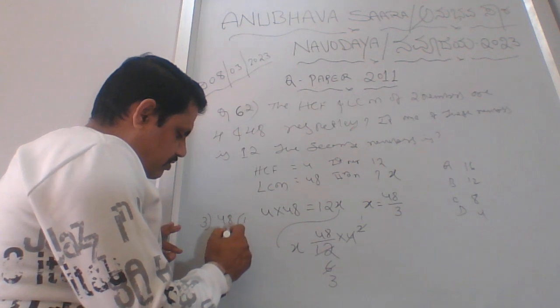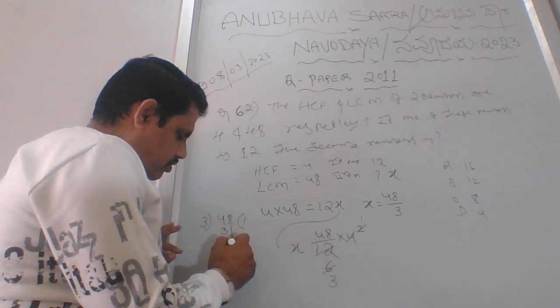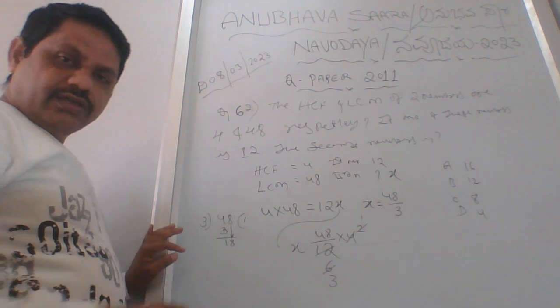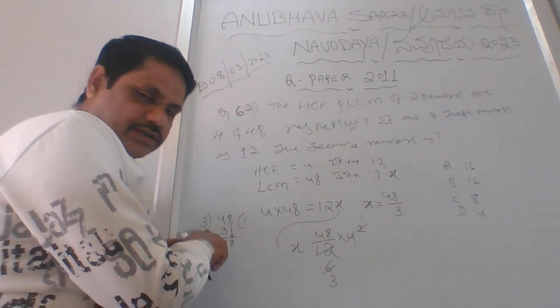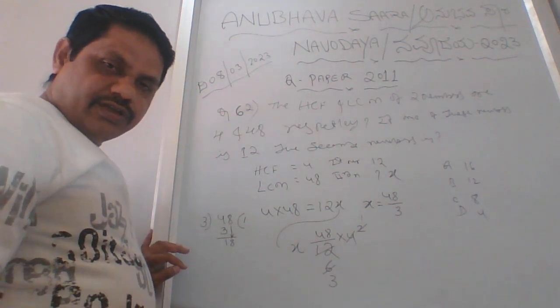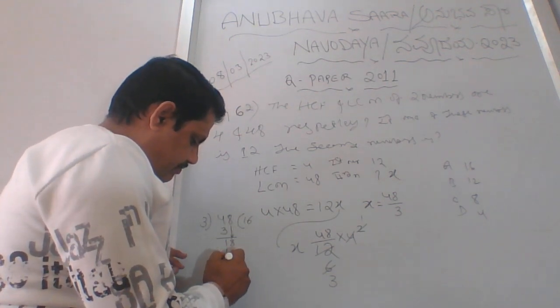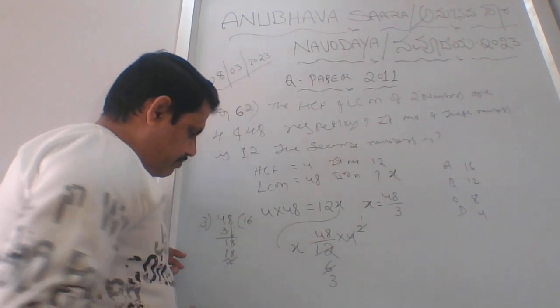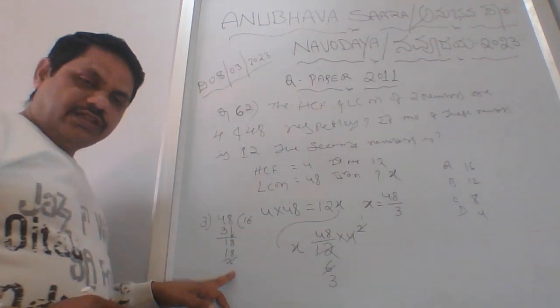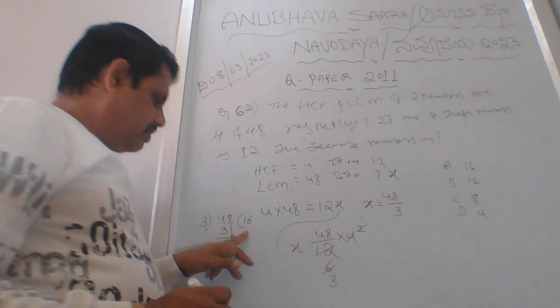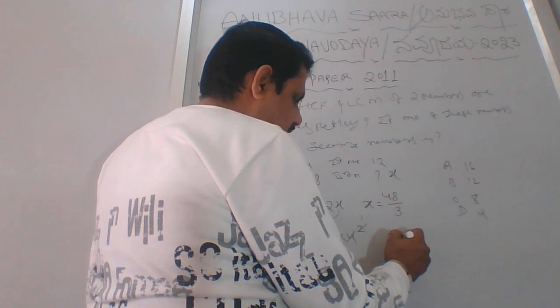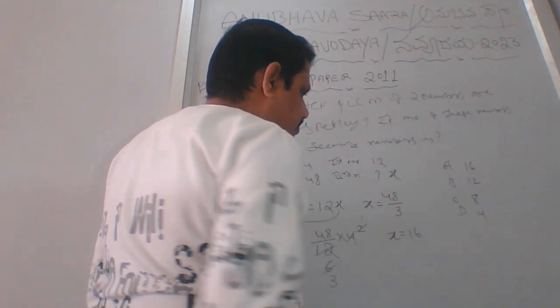So how much is left? 1. Then we bring down 8. From the 3 table, which number goes? 3 6s are 18. So the remainder is 0. What did we get as the answer? 16. X is equal to 16.